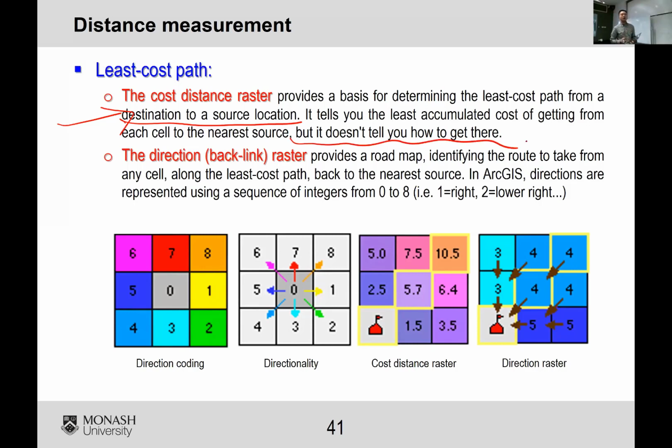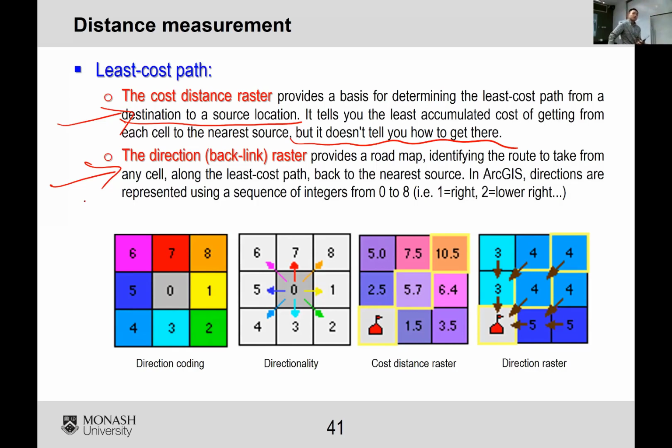However, it doesn't tell us how we can get there, right? The value is for each cell, but how do we trace the least cost cells to get back to the source? So the cost distance surface function also produces a direction raster or backlink raster.